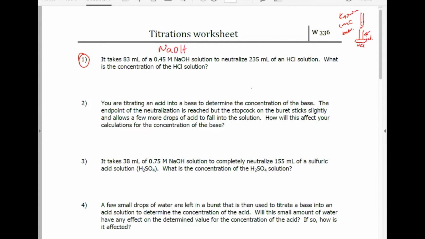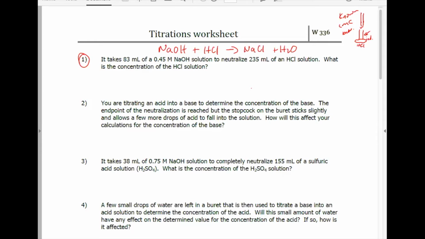We know that NaOH plus HCl gives you NaCl and water, and we know that each one of these reactants is in aqueous solution, and water is liquid.